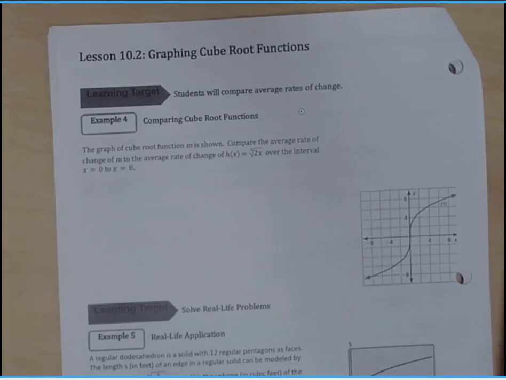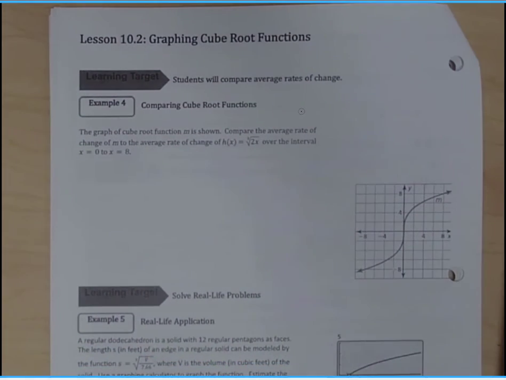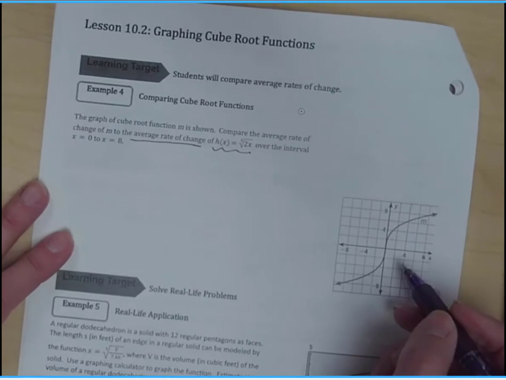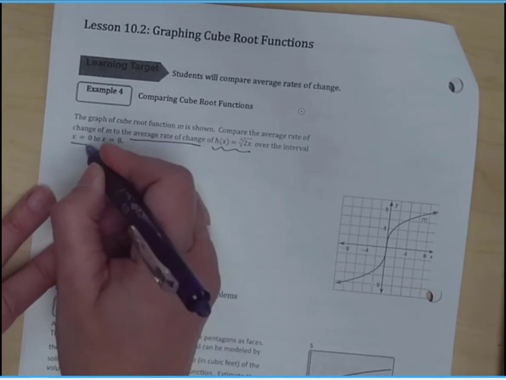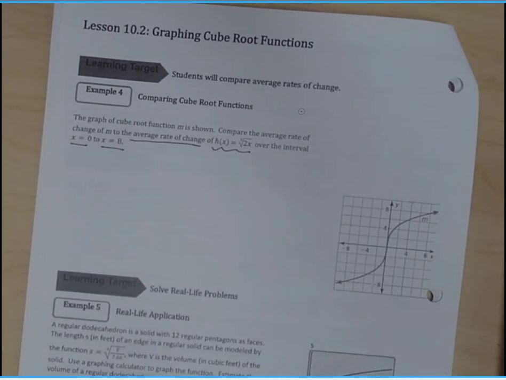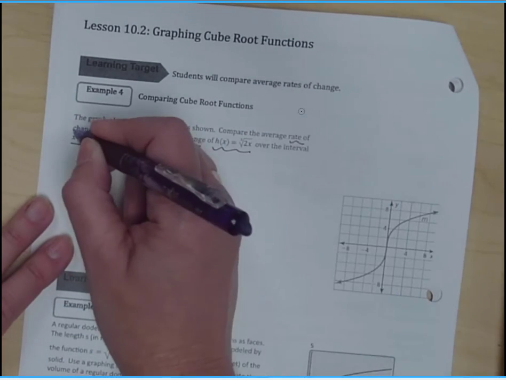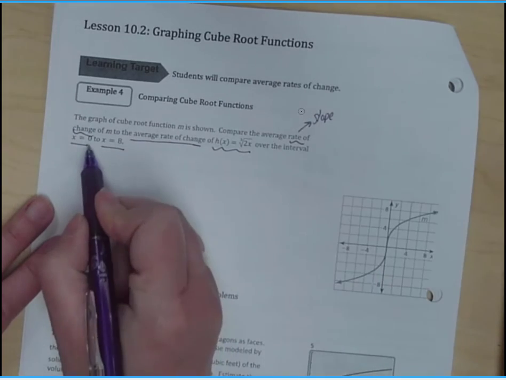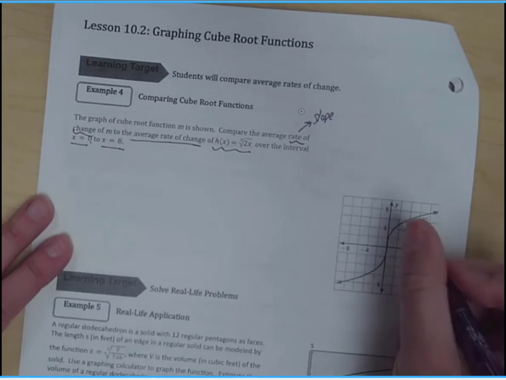All right, looking at example 4. Now, what I want to do is find the average rate of change between this graph M at x equals 0 and x equals 8. So if you remember, rate of change, I'm looking for slope. And I'm looking for it at x equals 0 and x equals 8.